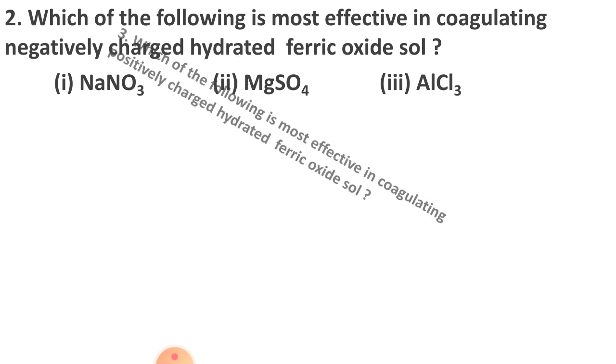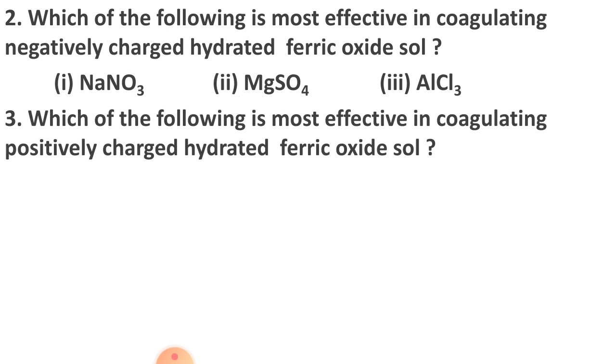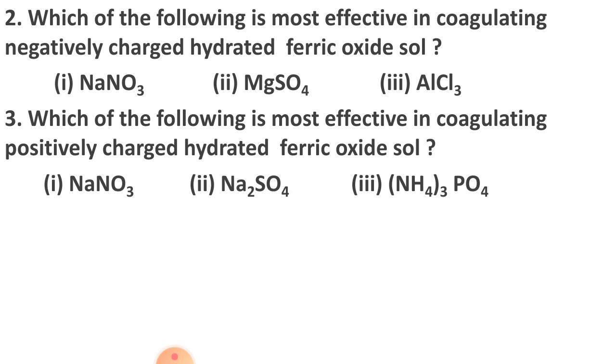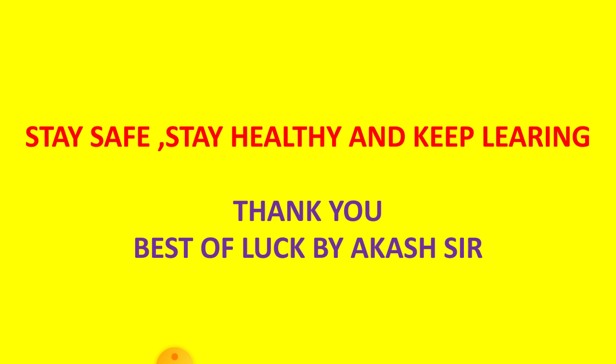So follow the Hardy-Schulze rule and write your answer yourself. Question number 3: which of the following is most effective in coagulating positively charged hydrated ferric oxide sol? Here also three options are given. Again, learn the Hardy-Schulze rule properly and try to solve it from that rule.